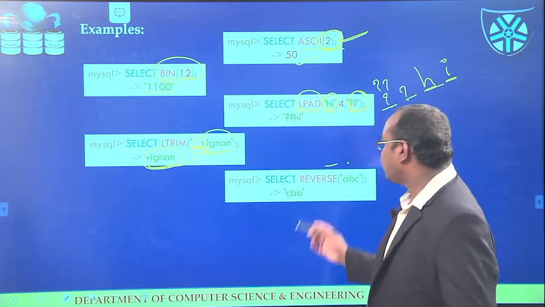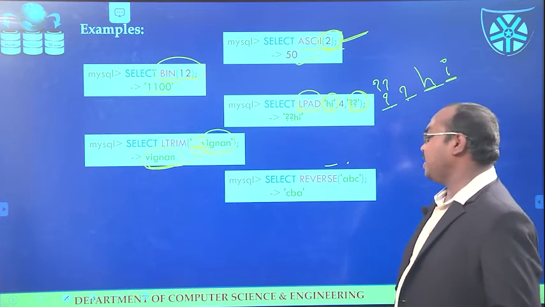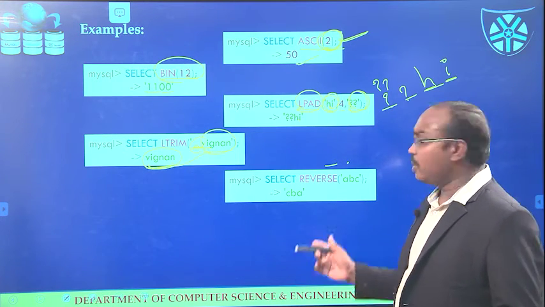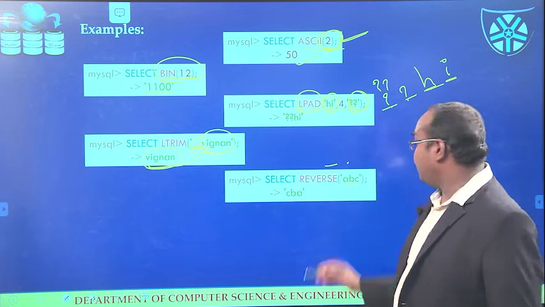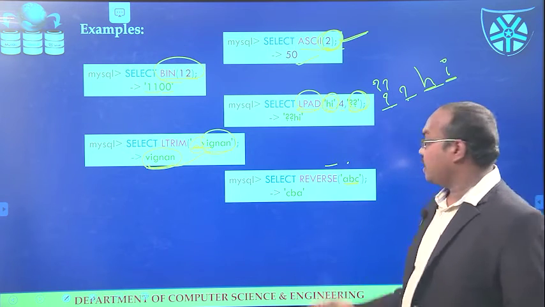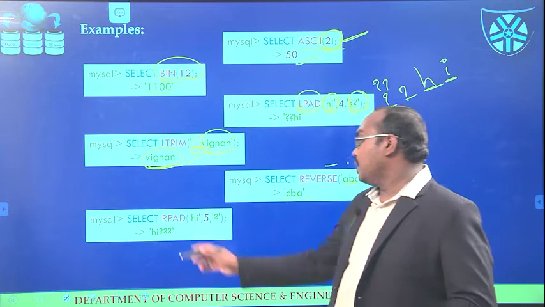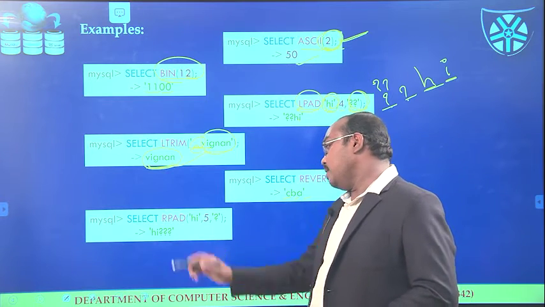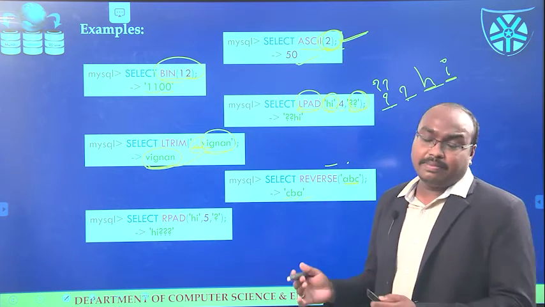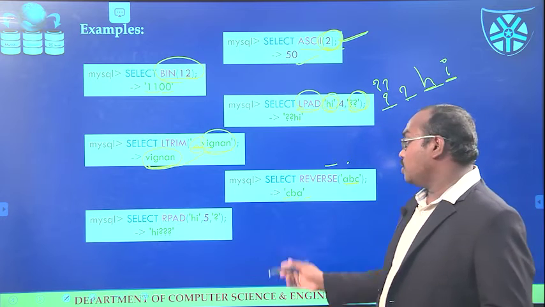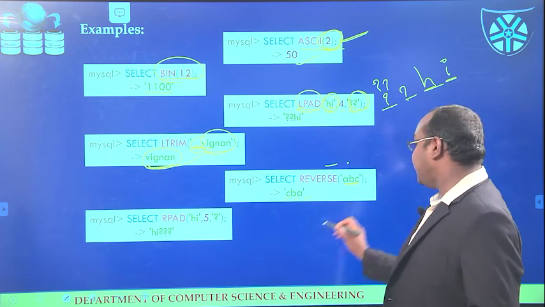And the next one, reverse. The reverse function will return the characters in reverse order. So here I am taking A, B, C, then it will return C, B, A. Okay. And the next one, select RPAD. Here padding means adding. So here we are taking a total of 5 spaces.